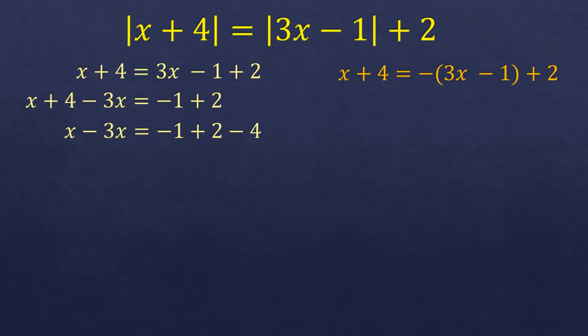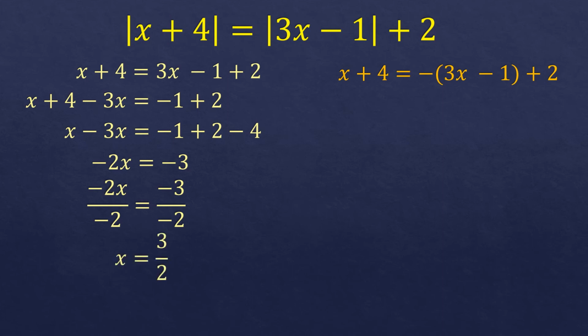And then we can combine now. So x minus 3x is negative 2x. Negative 1 plus 2 is 1. 1 minus 4 is negative 3. Then we divide both by negative 2 so that the one at the left side will just be x. So cancel the negative 2, it becomes x equals negative 3 divided by negative 2 is positive 3/2.